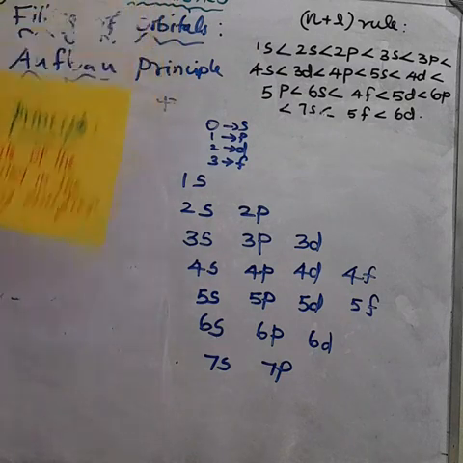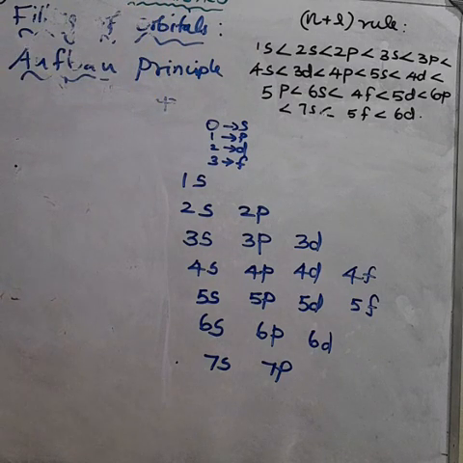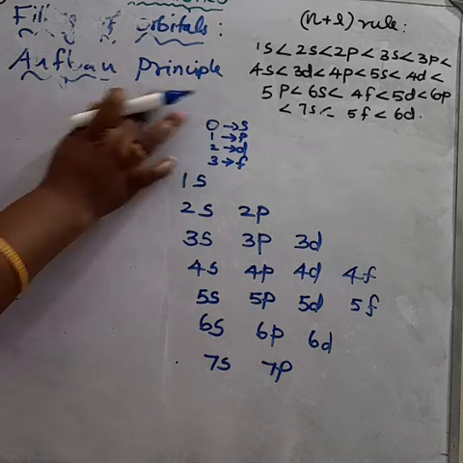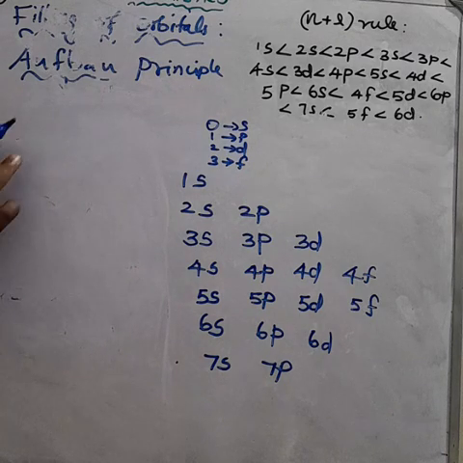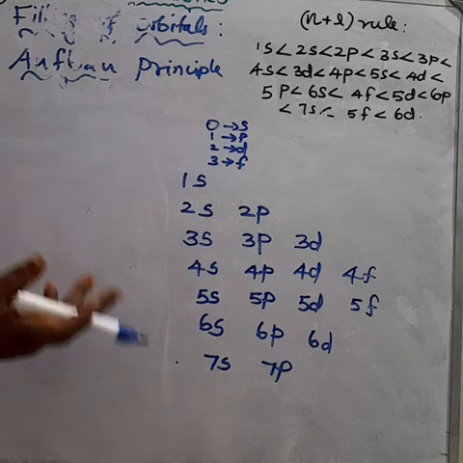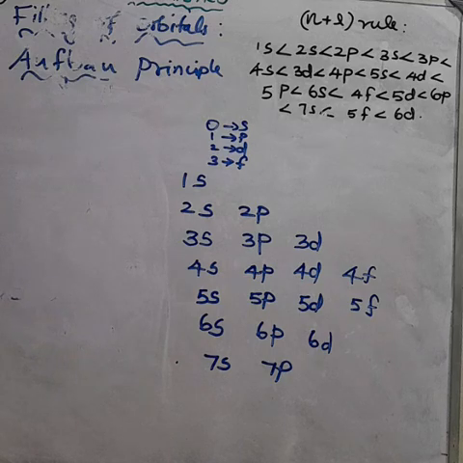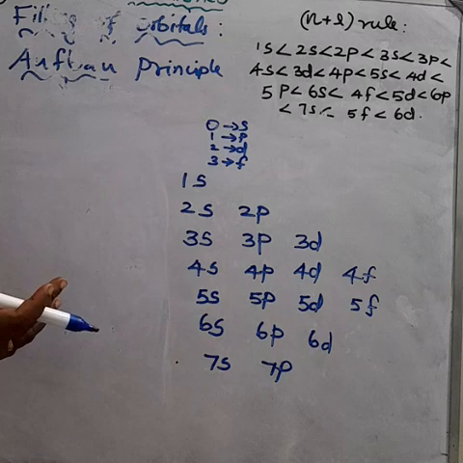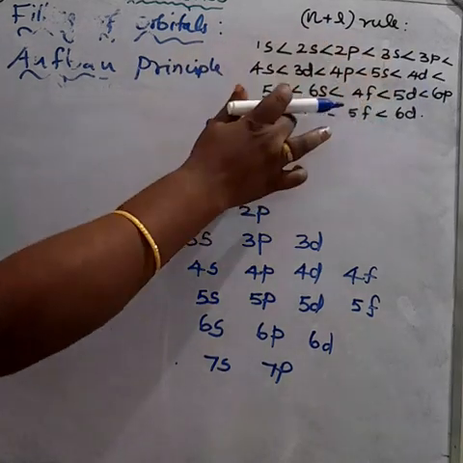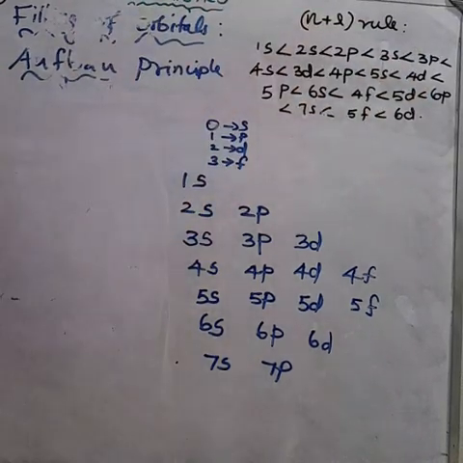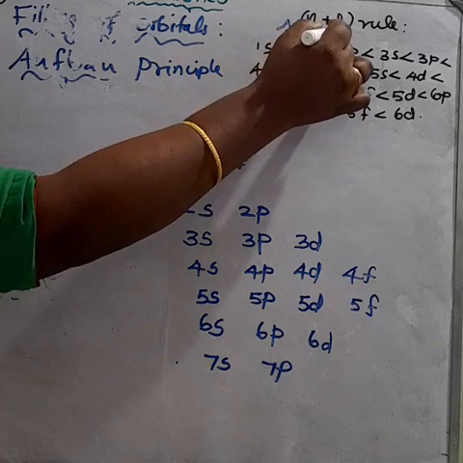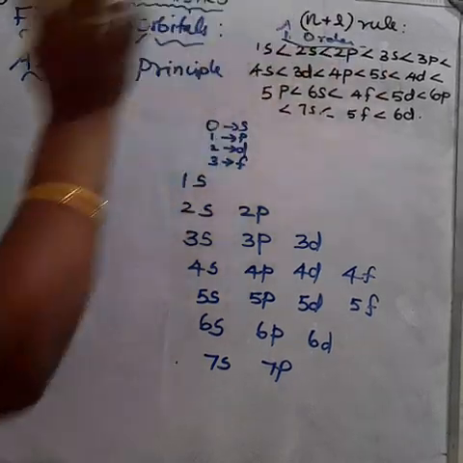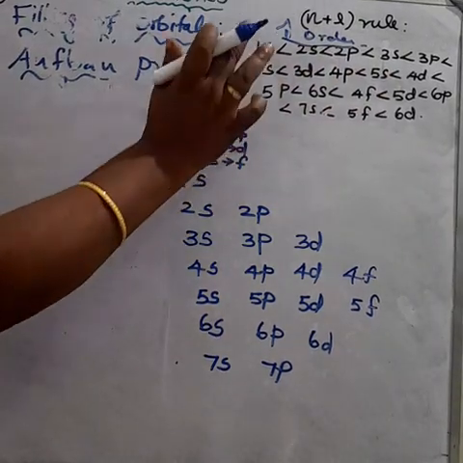It states that the lower the value of n plus l for an orbital, the lower is its energy. Okay, here which one is the lower energy? The lower n plus l value. We already studied about the n plus l value, in the previous class we studied that clearly.